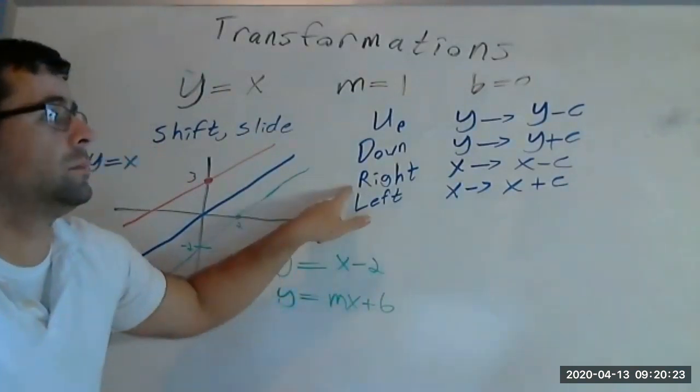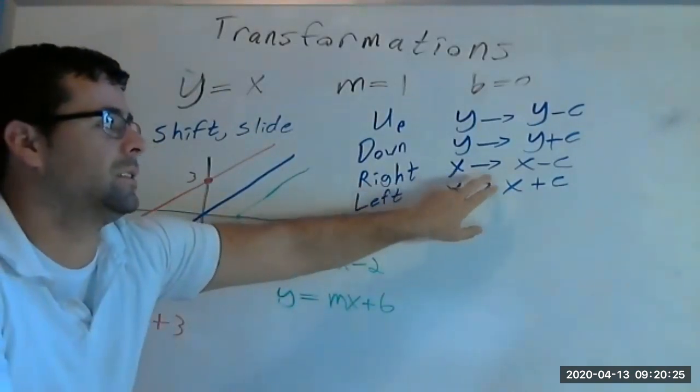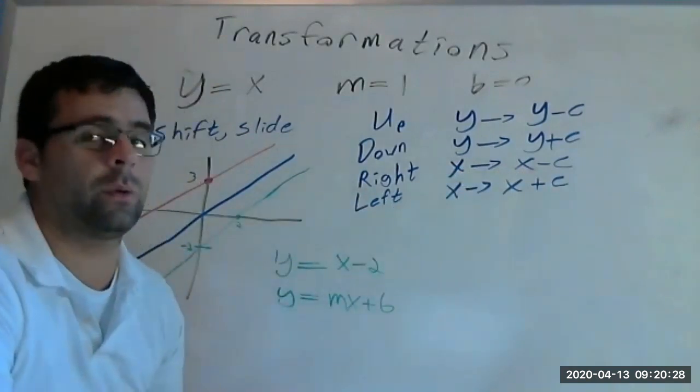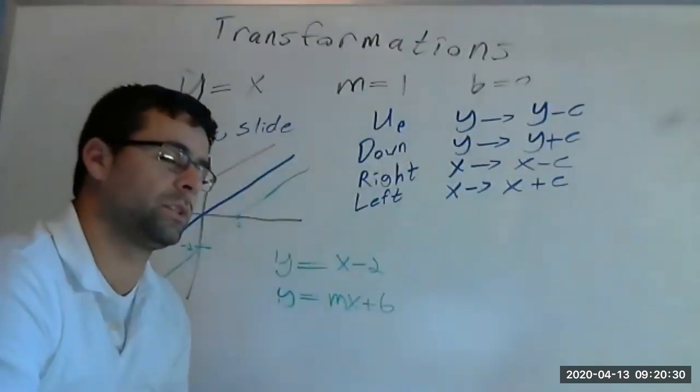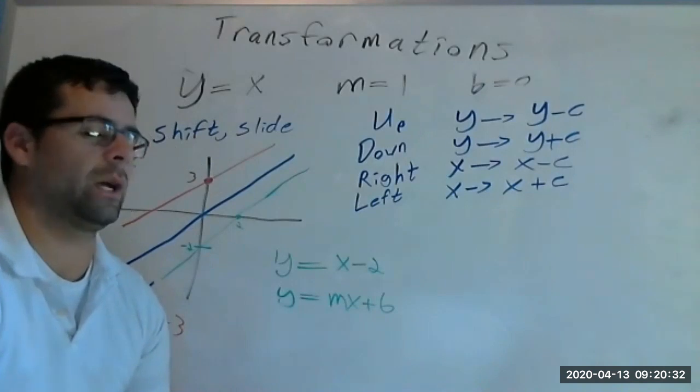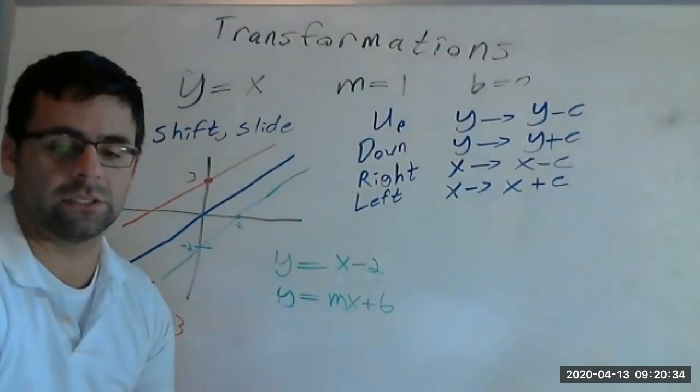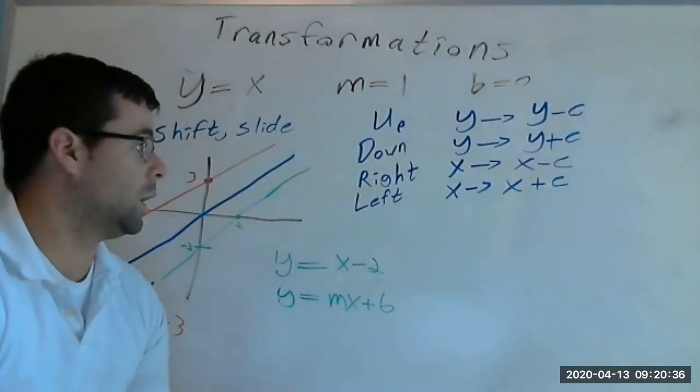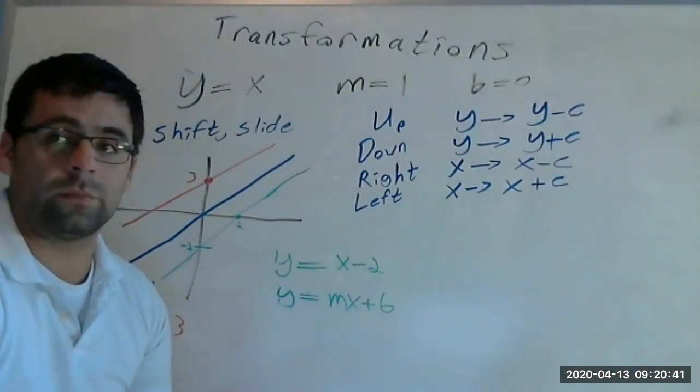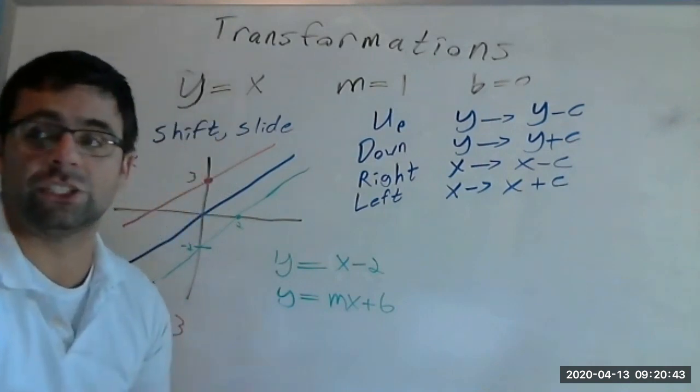To the right, you replace x with x minus however much you're moving. And if you're going to the left, you replace x with x plus however much you're moving to the left. So yeah, these are the shifts, the translations.